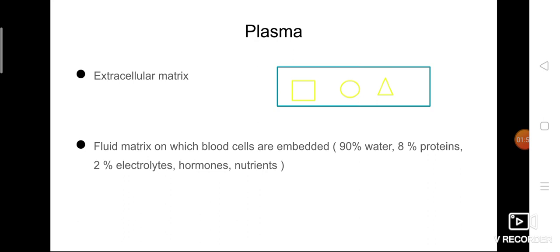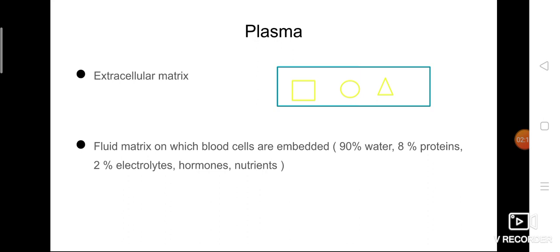Basically it means the entire medium of the blood is filled with plasma. I'll give one small example. I hope you are able to see a blue box. Within the blue box, one square, one circle, one triangle was given inside. Imagine this is a room.